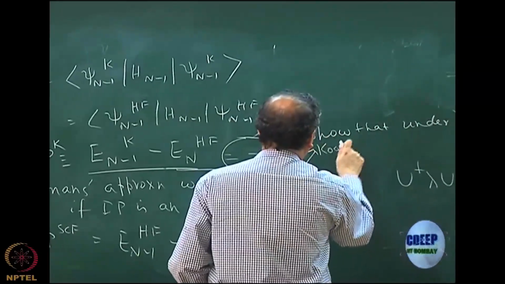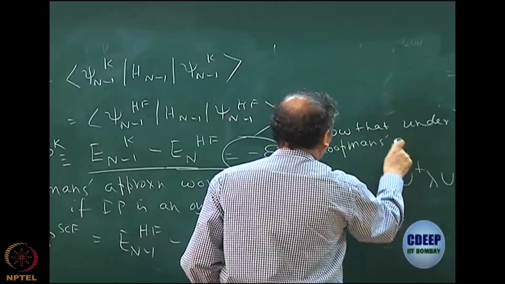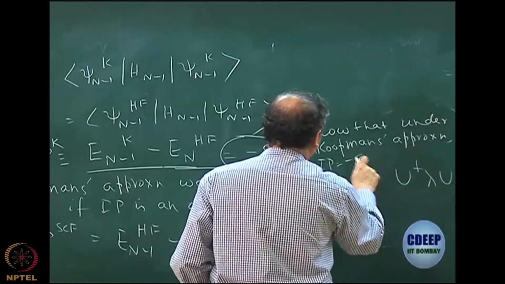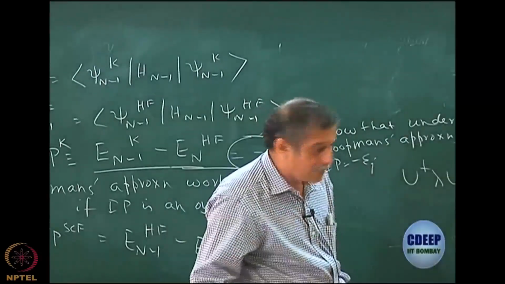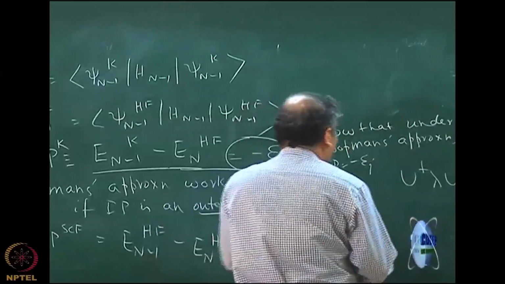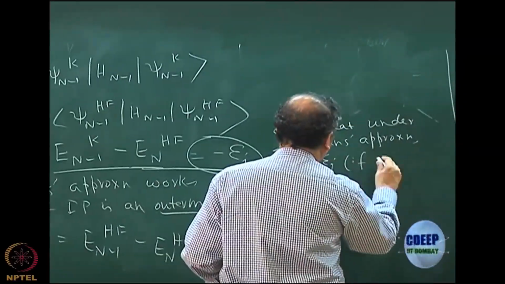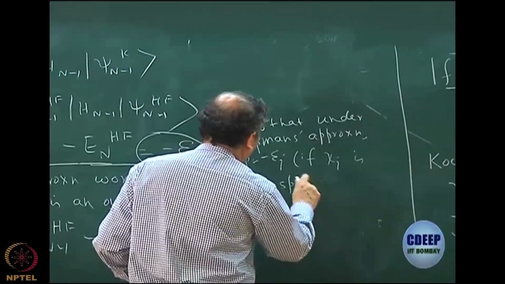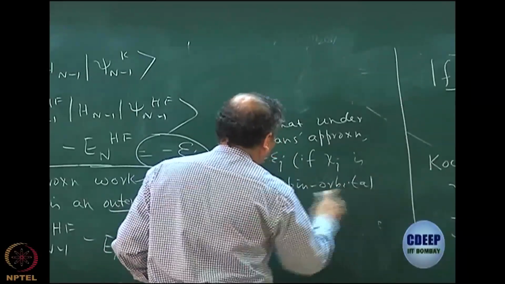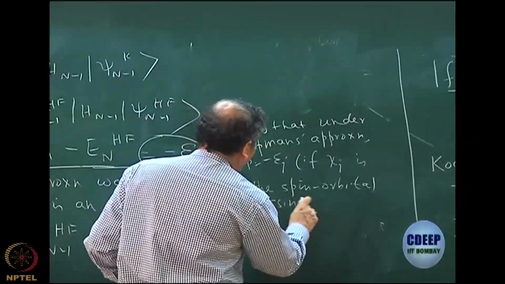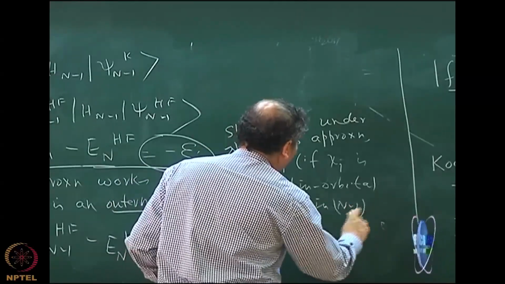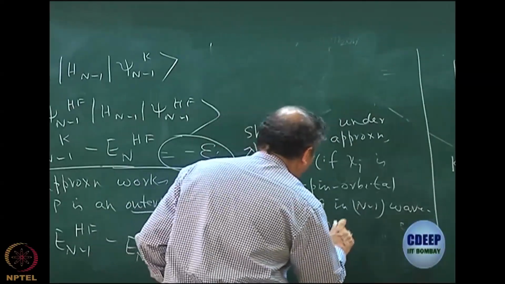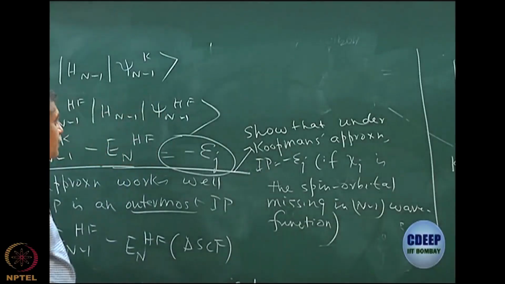Show that under Koopmans approximation, I have already defined what is Koopmans approximation, IP is minus epsilon j, if chi j is the spin orbital missing in the n minus 1 wave function. This is of course under Koopmans approximation. So it means the rest of the n minus 1 spin orbitals are same. So that is your first home assignment.